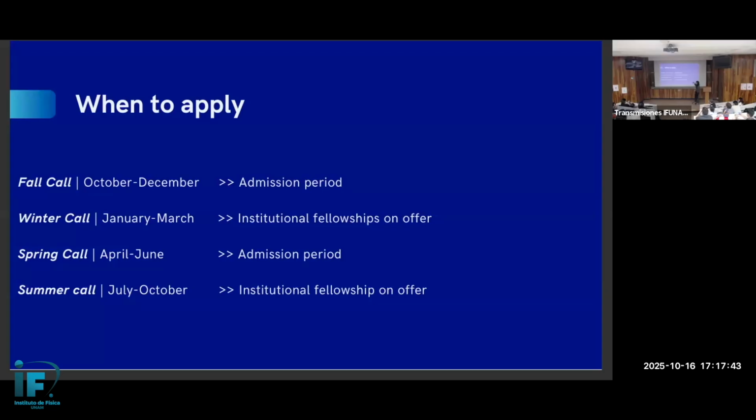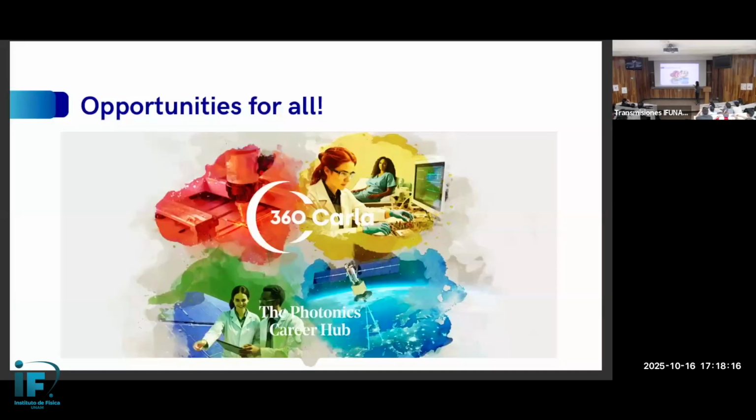In spring and summer, two other ones, but you can see they are a little bit different because we have institutional fellowships on offer during the winter and the summer call. And then there's what we call the admission period in fall and spring, which means that funds should be available through group leaders. So in case you want to start a PhD, you should apply through the website, but then the group leader should have fellowships available for students.